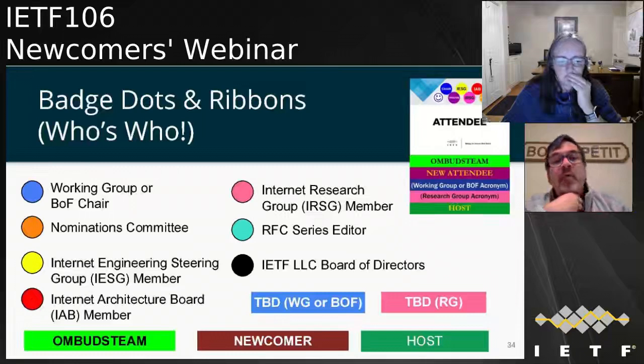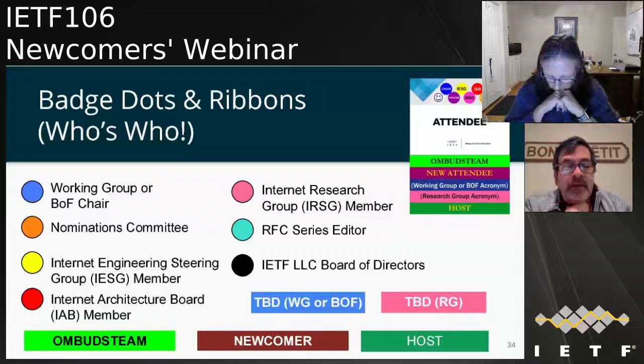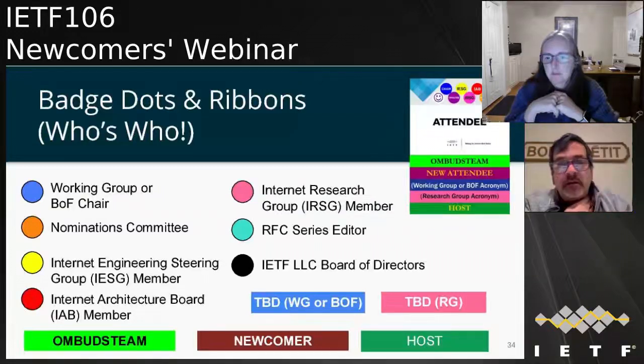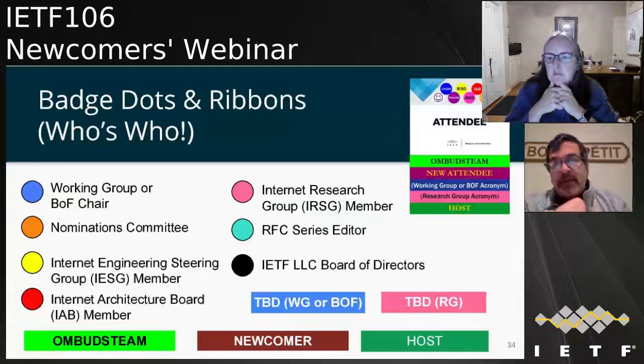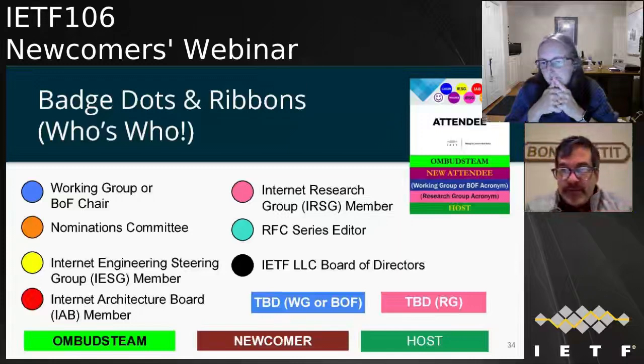The most important ones are probably blue for working group chair, and then it's not labeled here, but the smiley face, which means I am available to answer questions. Feel free to ask me something. Many people have the smiley face. It's a checkbox you say when you register. So if you have a question about something, you see somebody with that, say, hi, can you tell me how to do so-and-so, or tell me where I can find this?